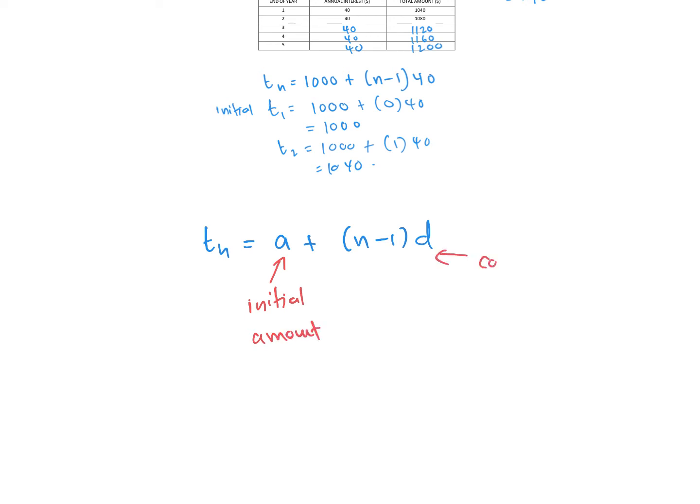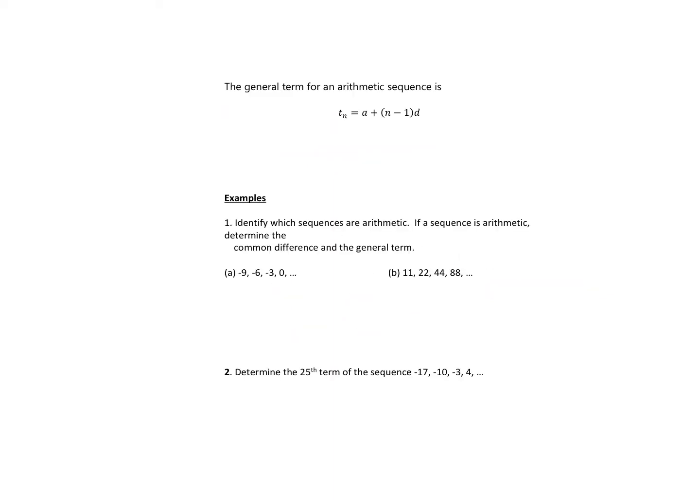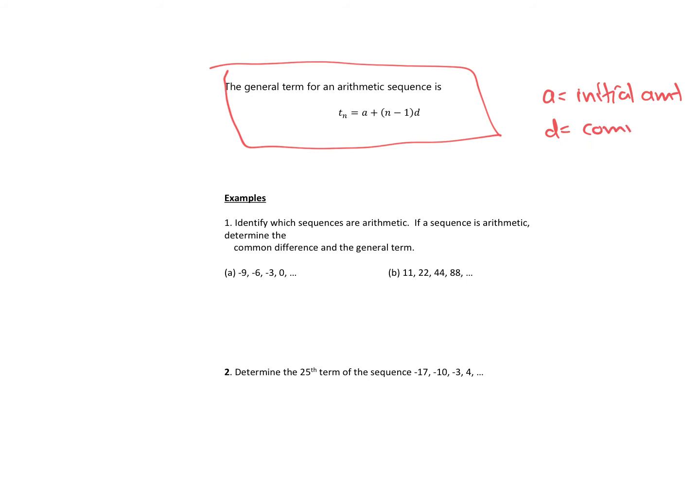This is your common difference. And this is the number of times we're going to do that. So this is the general term for an arithmetic sequence. A is the initial amount. That's what we're starting with. D is the common difference.